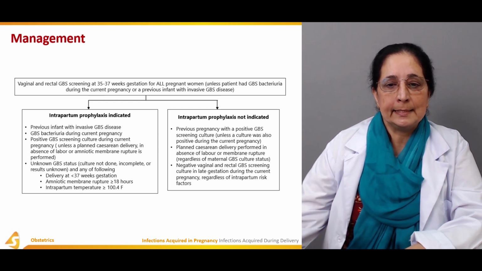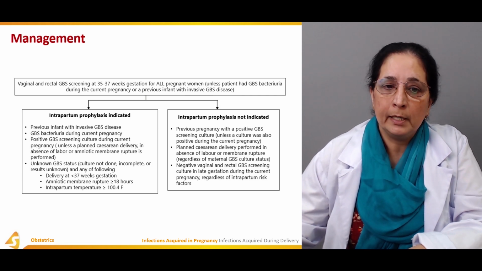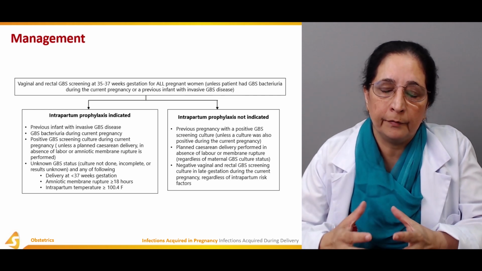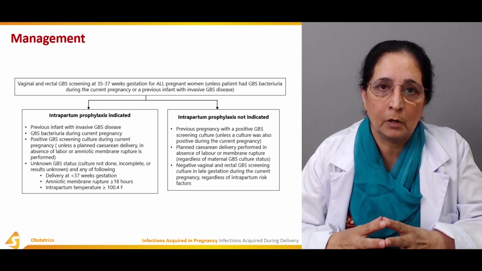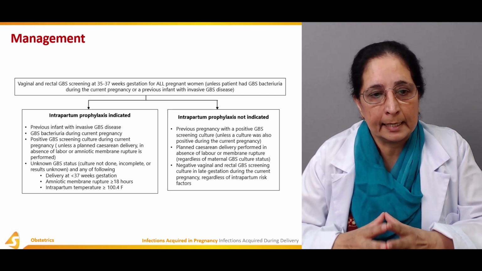Intrapartum prophylaxis is indicated if there is a previous infant with invasive group B. So if there is a history of previous group B streptococcal infection, we should treat them prophylactically.